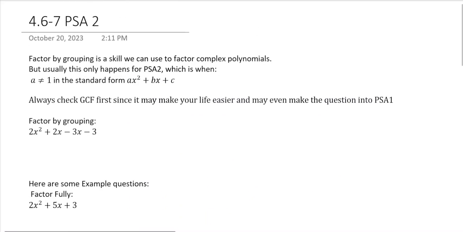It says factor by grouping. So once you have it into this form here, then you're going to basically bracket these parts. Put a plus in between, include all the symbols, like the positive, negative, everything, but put a plus in between. And then factor out a GCF between the bracketed portions, the left-hand side and the right-hand side.